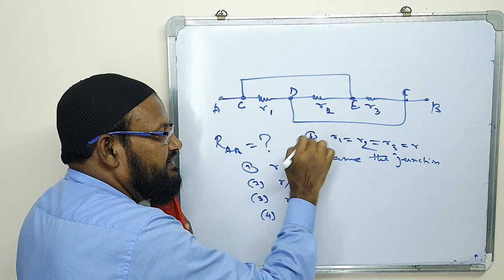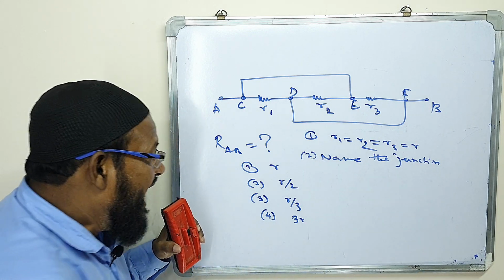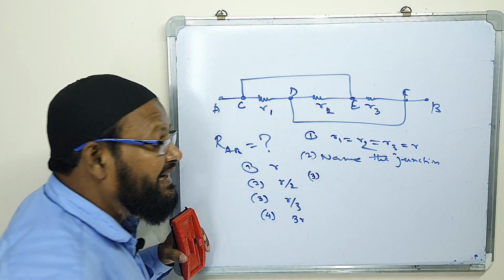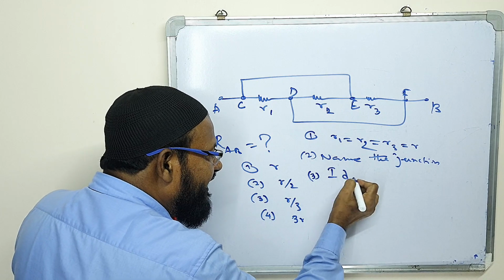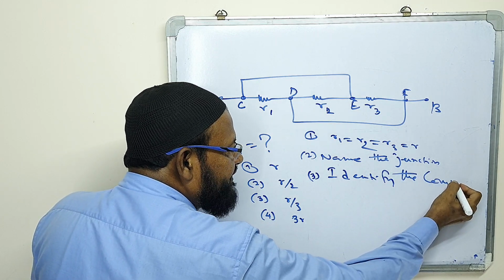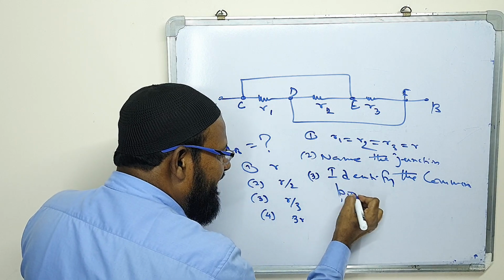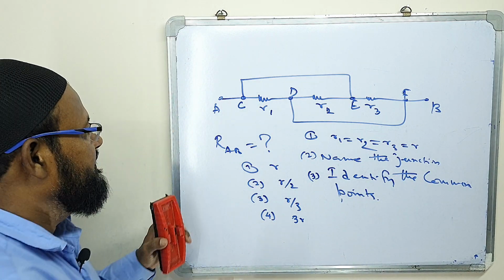First take R1, R2, R3 equal to R. Second part, name the junctions. And third part, identify the common points. What is the meaning of common points? Please see here.